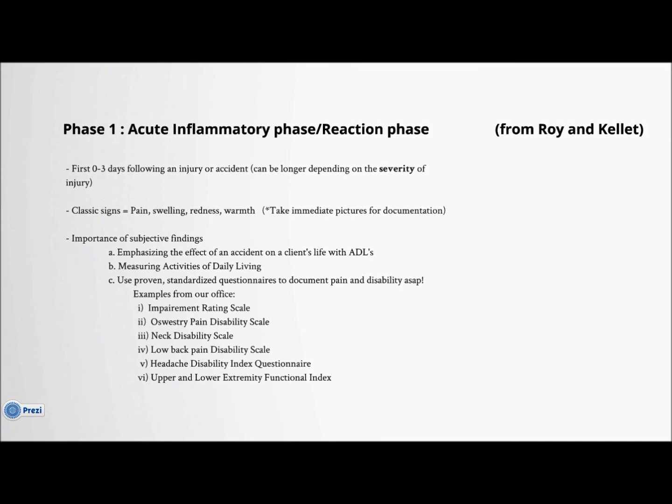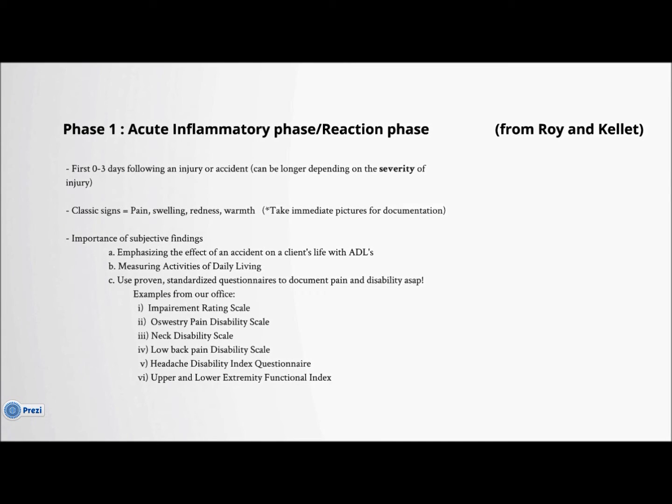These measure your activities of daily living in the form of sleep, work, eating, daily habits, mobility, all the things that you do that can be affected other than pain.